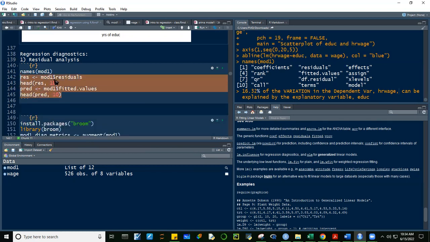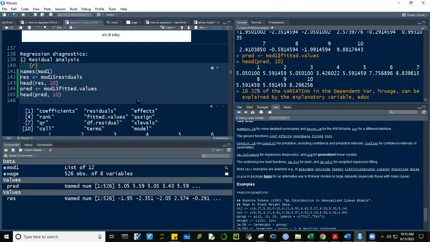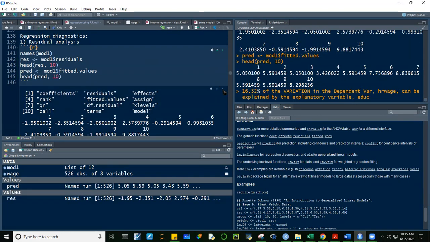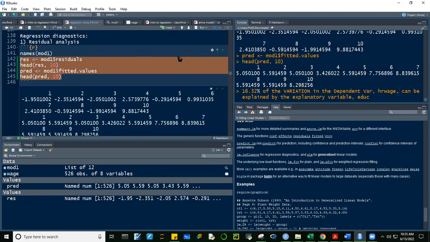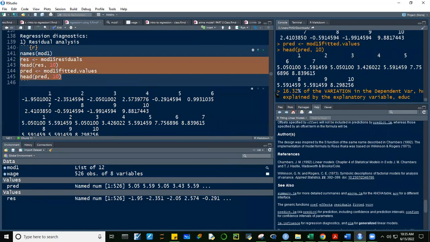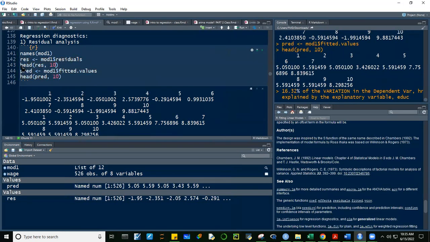Itong apat na to. Nag-create tayo ng object na res, and it's coming from the residuals of model 1. Tapos pinapaprint natin first 10. Ganun din yung predicted value. So let's run. Oops, sorry. Sumama yung names. Waiting ko na lang. Para ito lang ma-print. Yan. Okay. Tingnan natin kung kaya niyang i-round nga natin. Let's see.